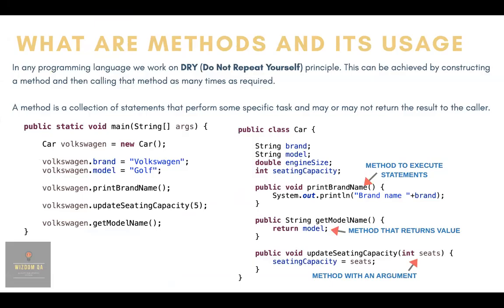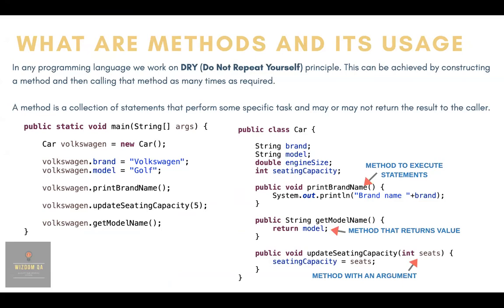All right, so that's the JVM part. What are methods and their usage? Now we will understand what methods are and why they are used. In programming languages, we work on the DRY principle. DRY means do not repeat yourself. This can be achieved by constructing a method and then calling that method as many times as required.